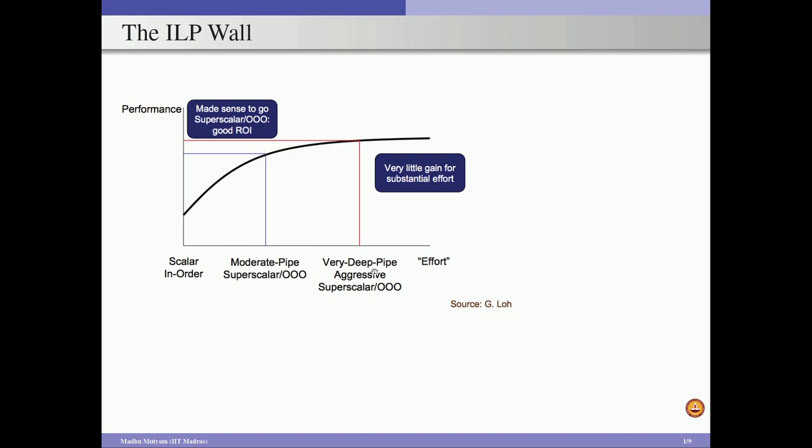But we can see here that after this stage, the performance improvement compared to the previous design point is not significantly increasing. In other words, this performance curve is almost flattened here, and as a result, we may not get significant benefits if we go for these complex superscalar processor designs.